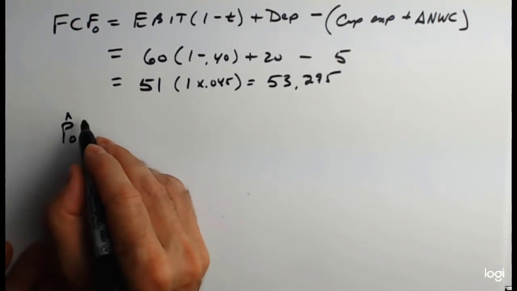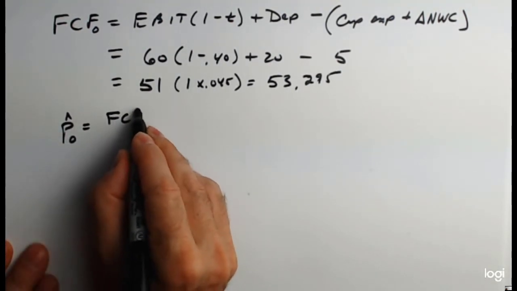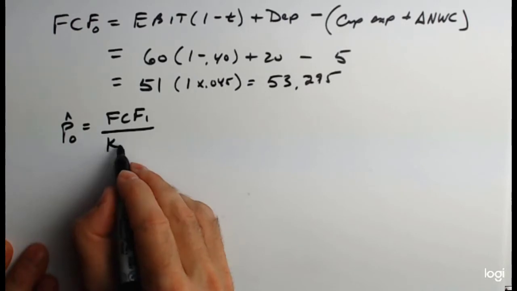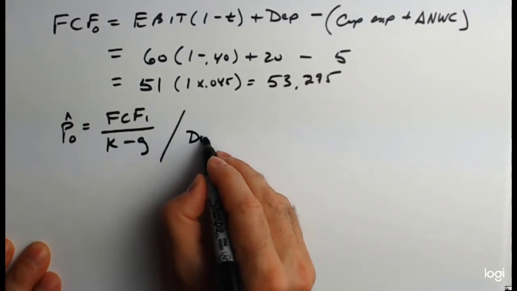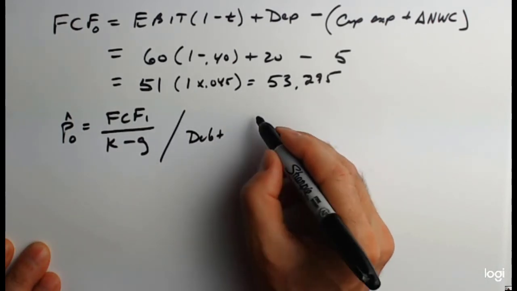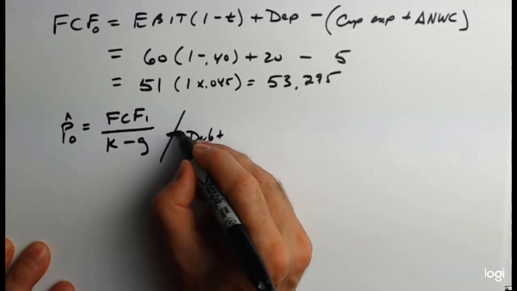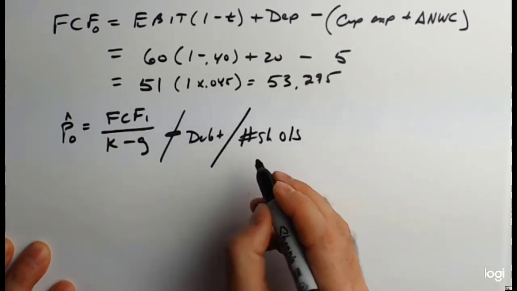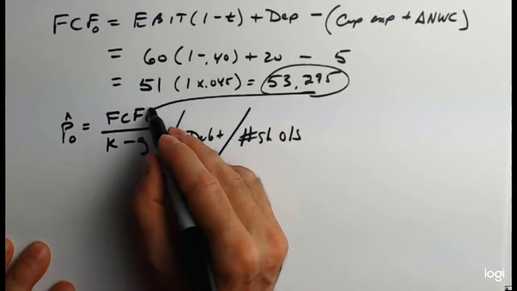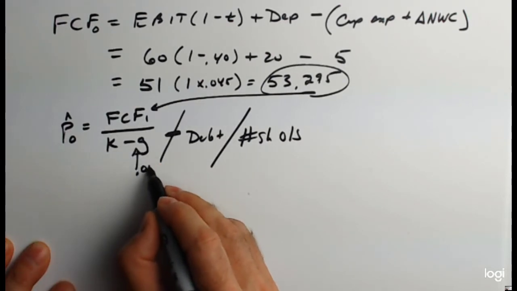Okay, we know we need this formula. We need free cash flow period 1 divided by K minus G, right? Then minus debt, divided by the number of shares outstanding. So we got one number, we have a second number.